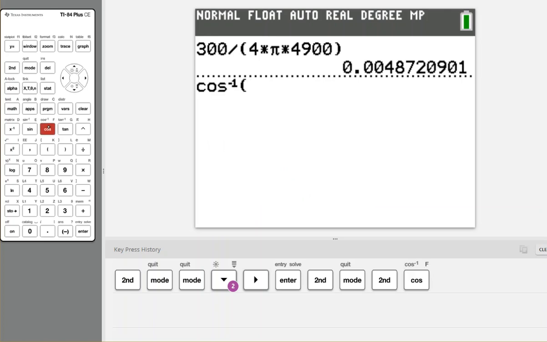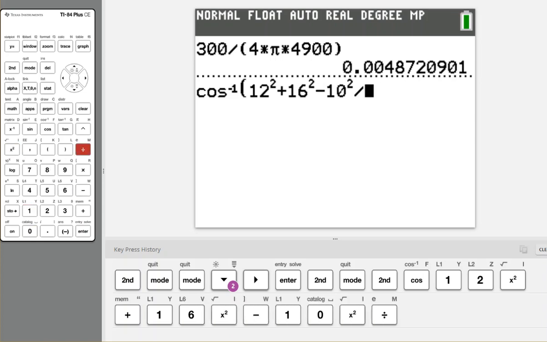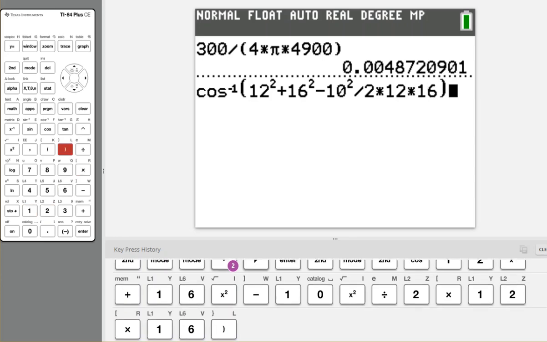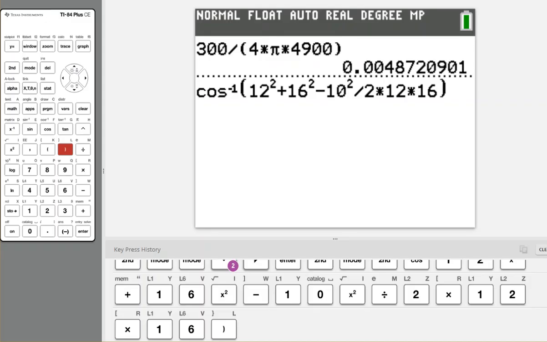So inverse cosine of, if I'm finding A, that would be b squared plus c squared minus a squared divided by 2bc. Okay, so I'm just trying to put this in here.